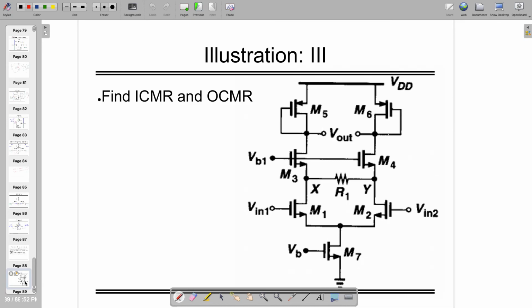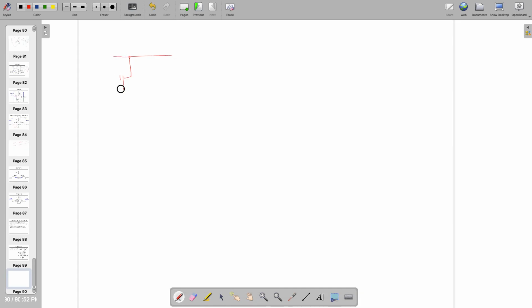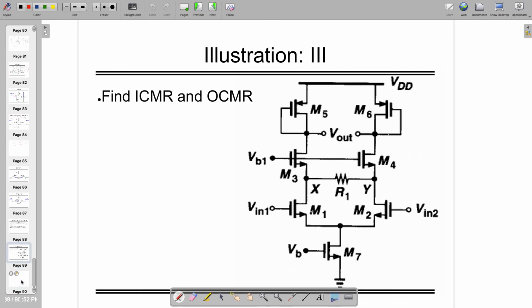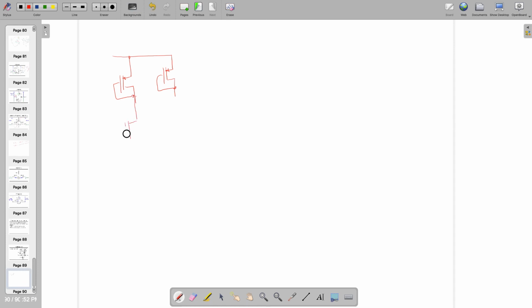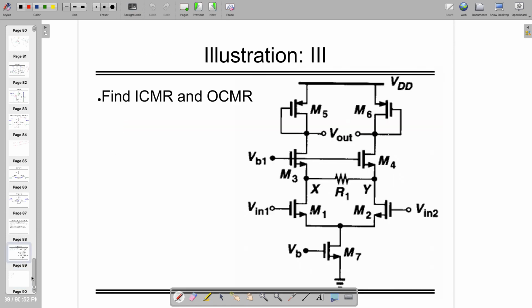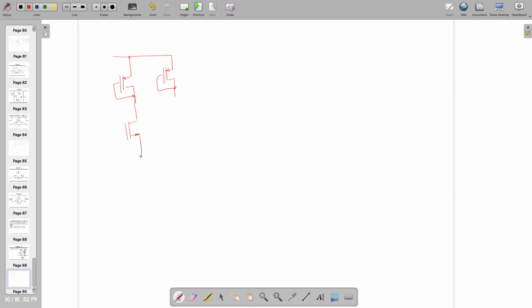So let's start with the ICMR. So this circuit is given to us.